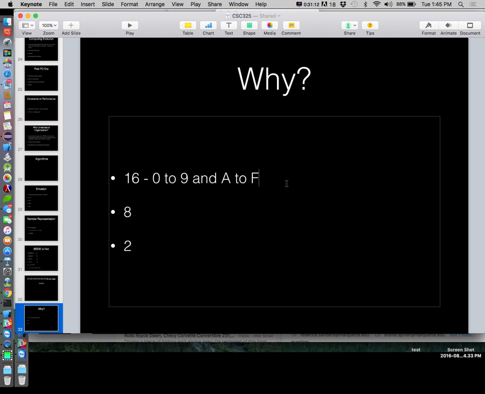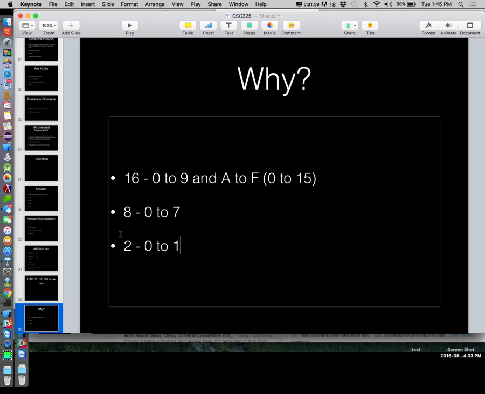So the unique values here are 0 to 15 for base 16. The unique values for base 8 are 0 to 7. The unique values in base 2 are 0 to 1. So it's always going to be 0 to the base minus 1. Those are the values that are allowed in that number system.